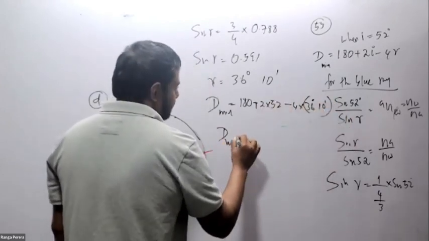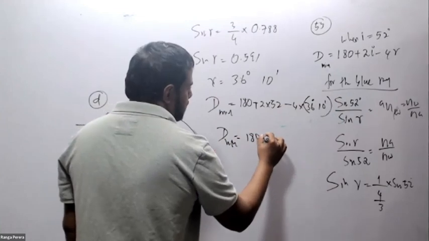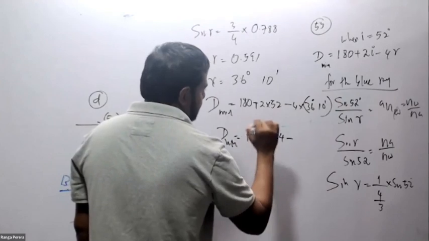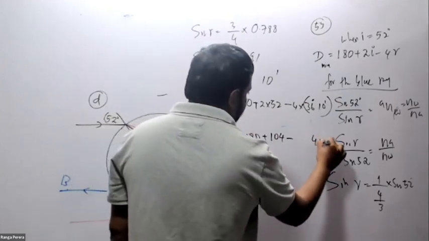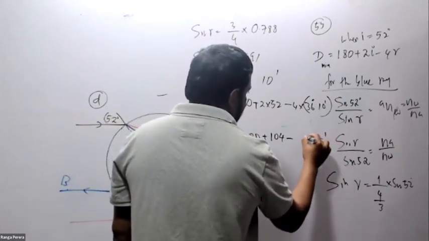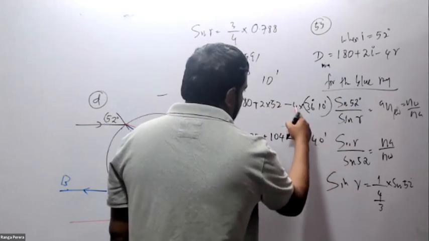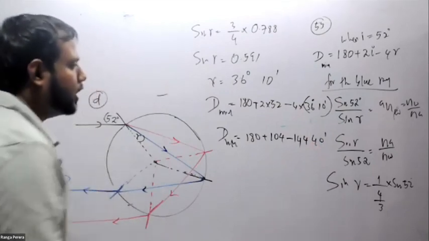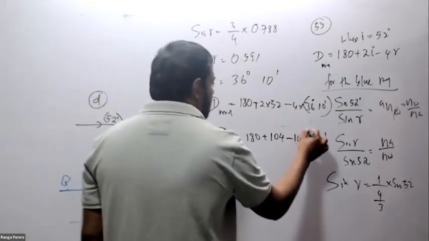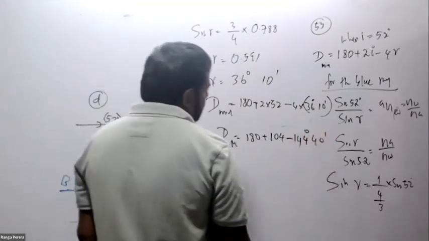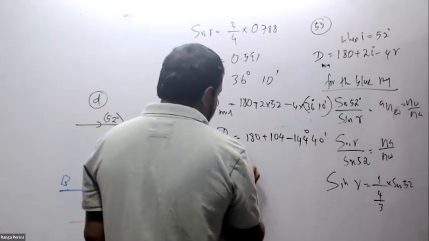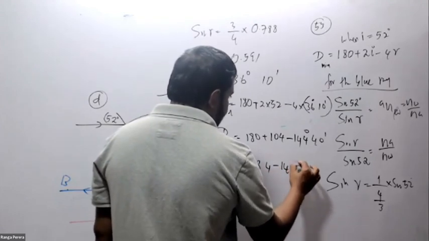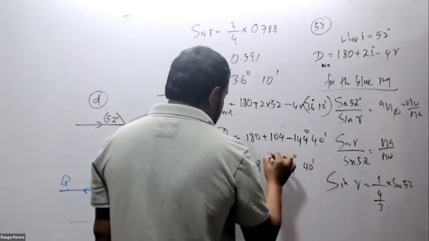D minimum equals 180 plus 104 minus 4 times 36 degrees, that is 144, and 4 times 10 minutes is 40 minutes. So 284 minus 144 degrees 40 minutes.